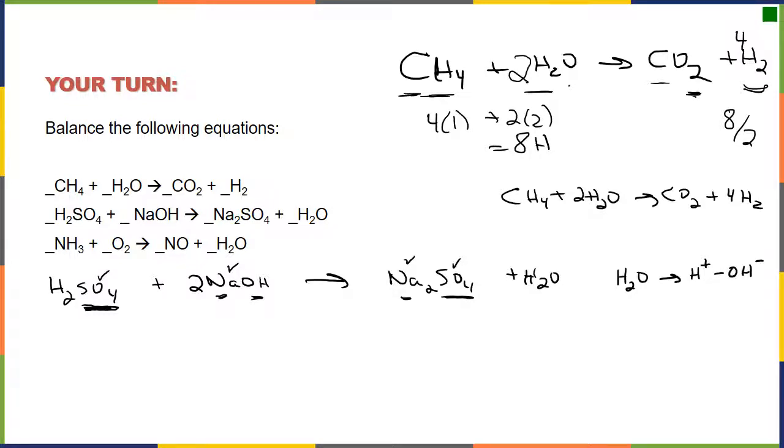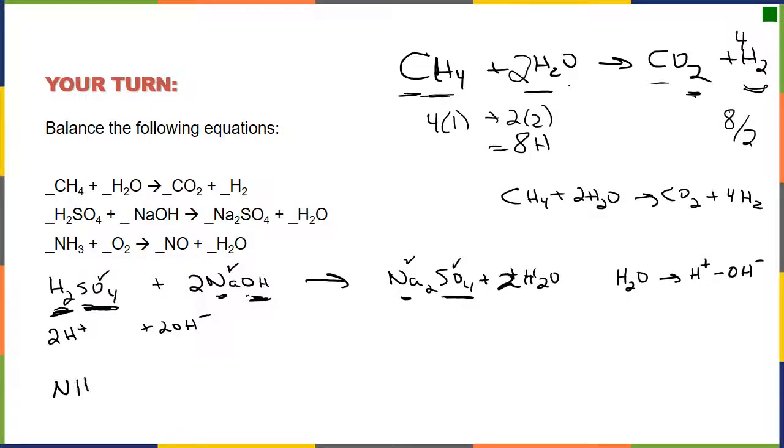OH minus from sodium hydroxide and the H plus from the strong acid. Because I'm going to have 2 H pluses here, and it's going to react with 2 OH minuses here, or note, 2 H's, 2 OHs, I'm going to inherently have to have 2 H2Os. And our balanced equation is simply that.